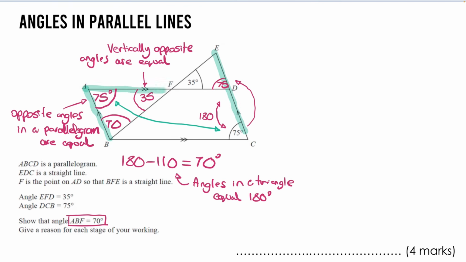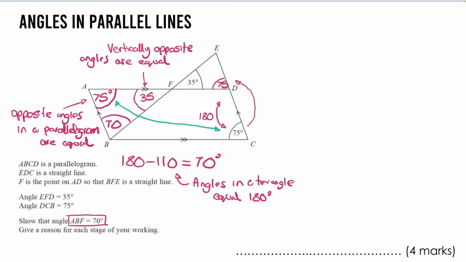So that 75 that we drew over by A is also an alternate angle with the one that we've just drawn. So I could have actually moved across the shape using parallel line rules, but as it turns out in this particular question, I could actually use no parallel line rules other than, I guess, your opposite angles in a parallelogram.